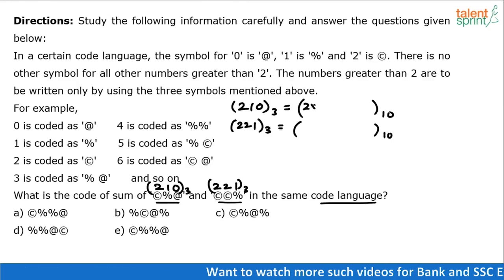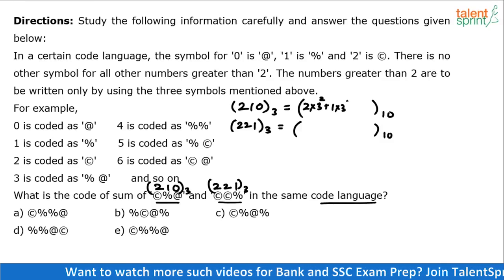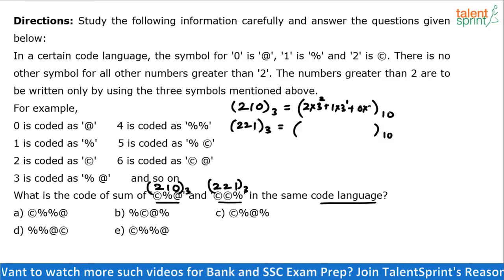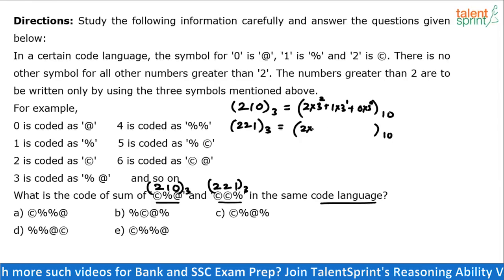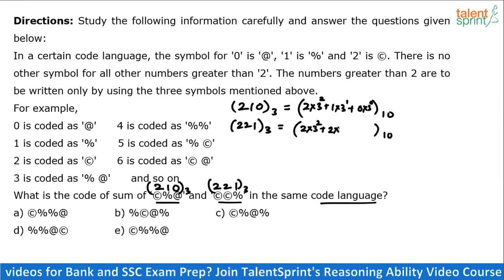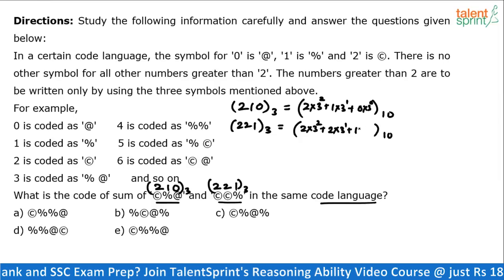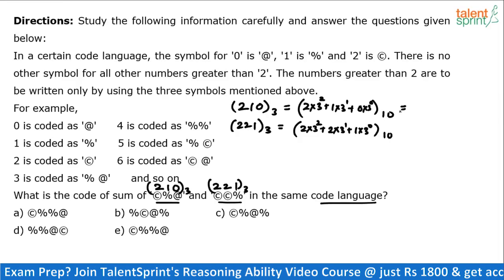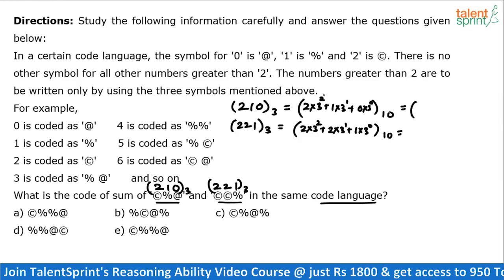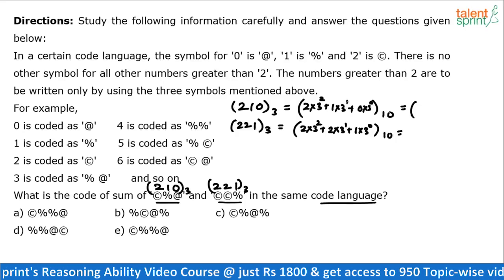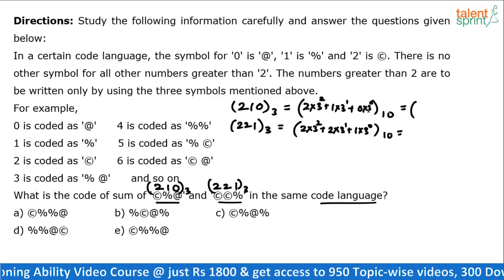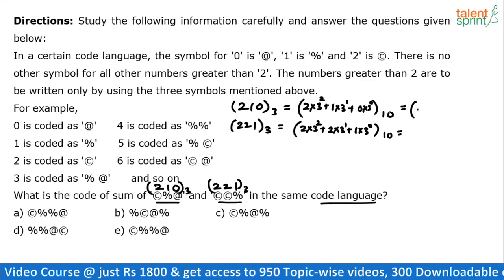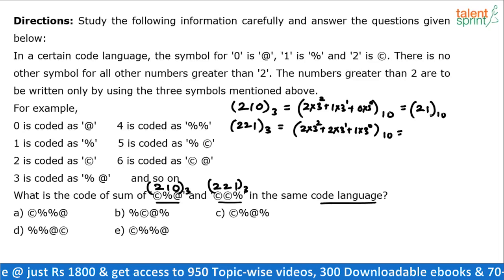So how will I do it? This is 2 into 3 power 2 plus 1 into 3 power 1 plus 0 into 3 power 0. Similarly, this is 2 into 3 power 2 plus 2 into 3 power 1 plus 1 into 3 power 0. So 3 square is 9, 9 into 2 is 18, 18 plus 3, and this is 0, so 18 plus 3 is 21 in base 10.